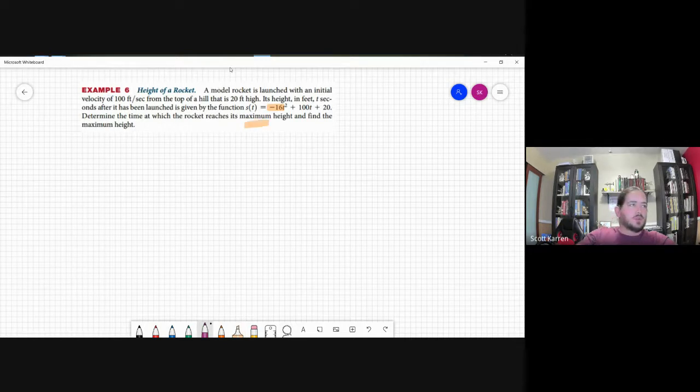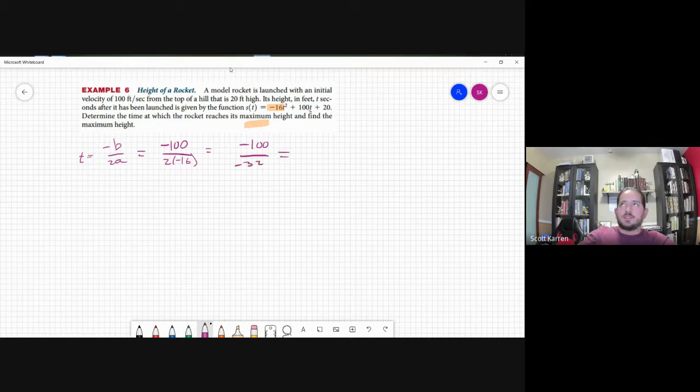So in this case, my variable is t. So that is to say that t is negative b over 2a. But negative b is negative 100 over 2 times a, which is negative 16. Or I have negative 100 over negative 32.